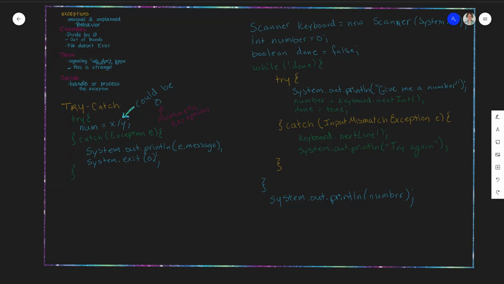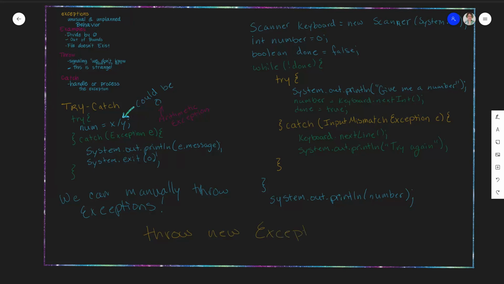And the other thing that's really important here is that we can manually throw exceptions in these as well. And to do that, you're just going to say something like throw, and then you're going to say new, and you're going to have an exception class.